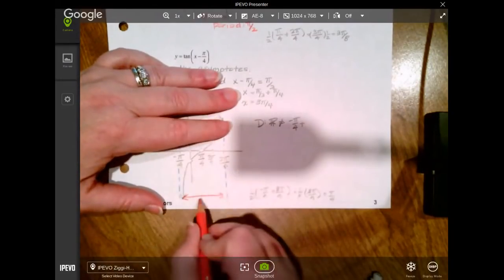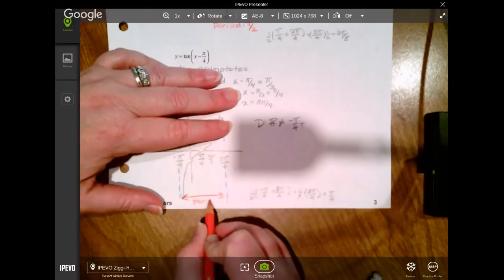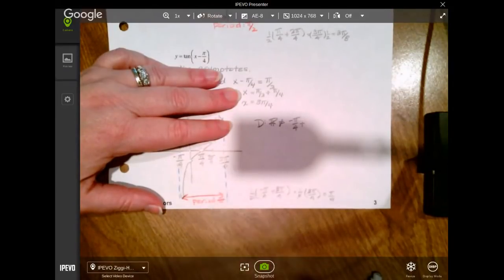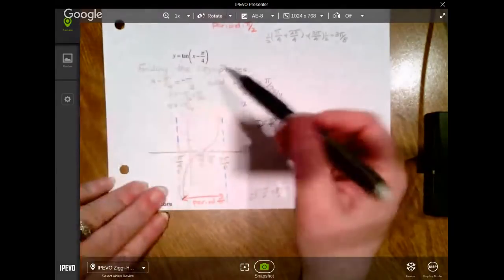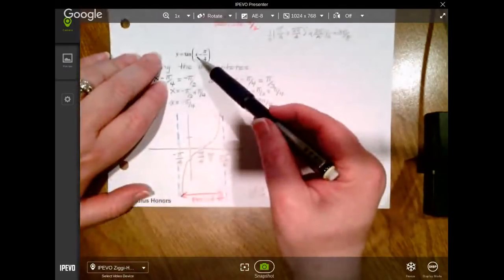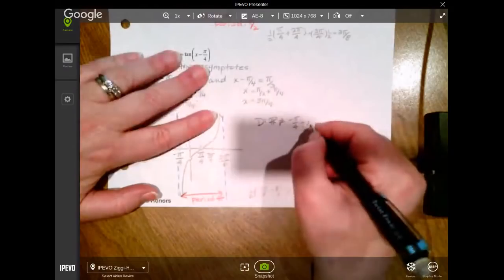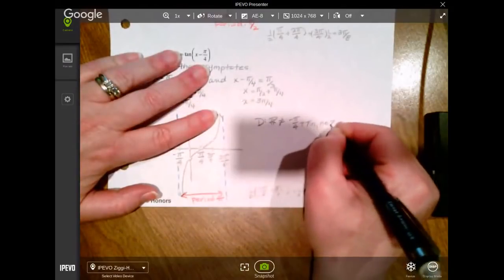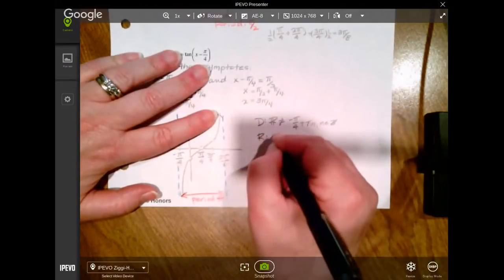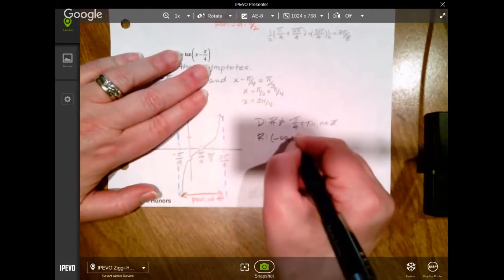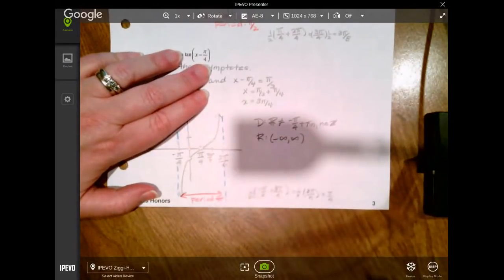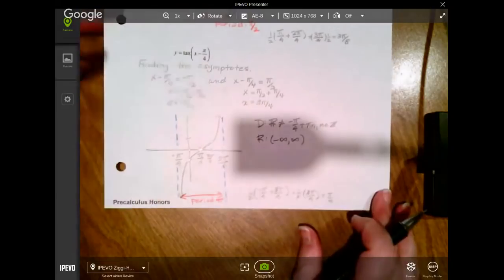So the period here is pi. That makes sense too, because the b here is 1 and pi over b would be just pi. So this will be plus pi n, n an element of the integer set. The range here is going to be all real numbers, just like we've been doing for the previous ones. All right, moving right along.